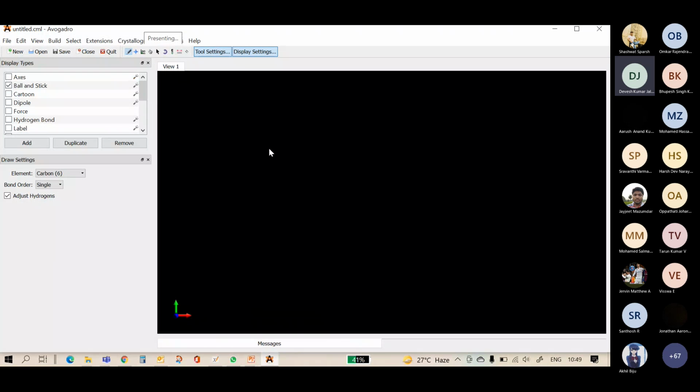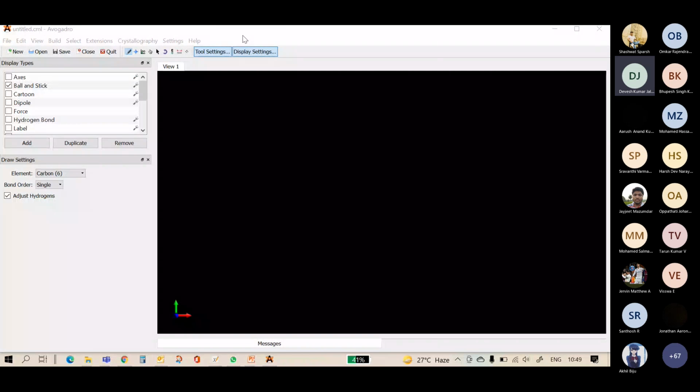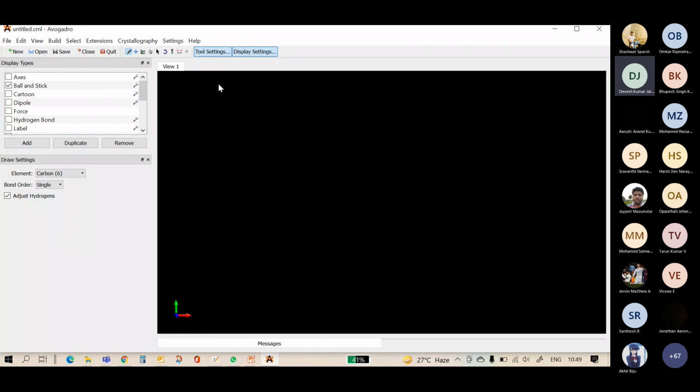Okay. So here is your Avogadro software. There are several menus available. Usually you will be interested in the drawing tools.